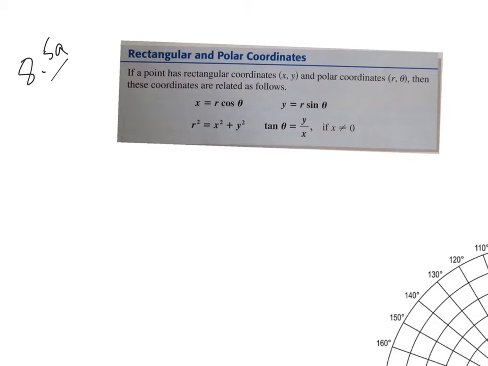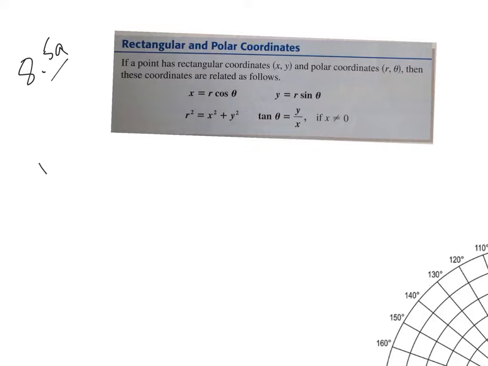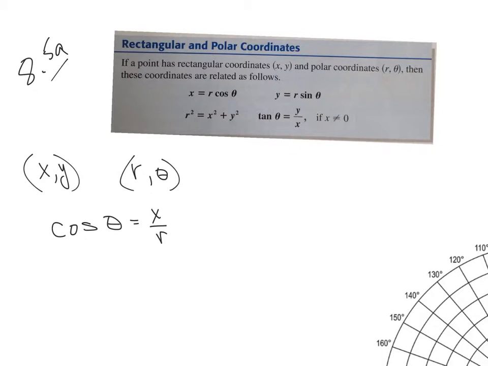Now, you're used to rectangular coordinates, x and y. If we want to look at how they're related, remember we said polar coordinates are listed as the length of the radius, r, and the angle, theta. Alright, so cosine of theta equals adjacent over hypotenuse, or x over r. If we are looking for x, x then equals r cosine theta.